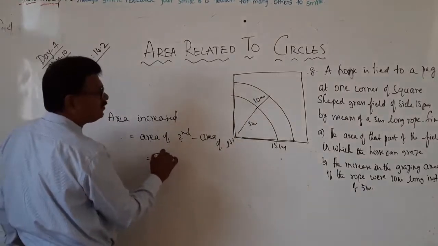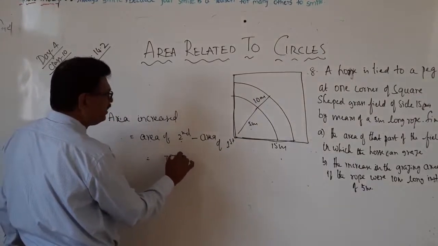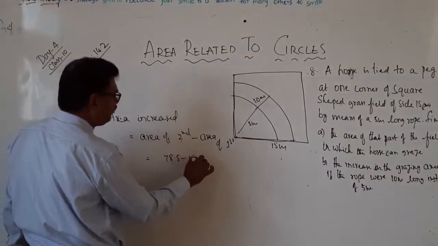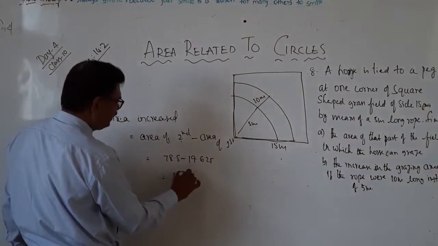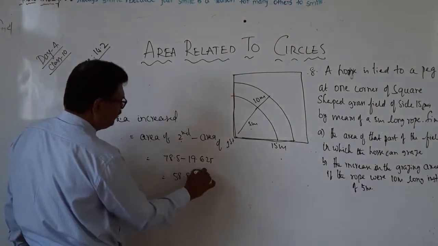That is 78.5 minus 19.625, which is equal to 58.875 meter square.